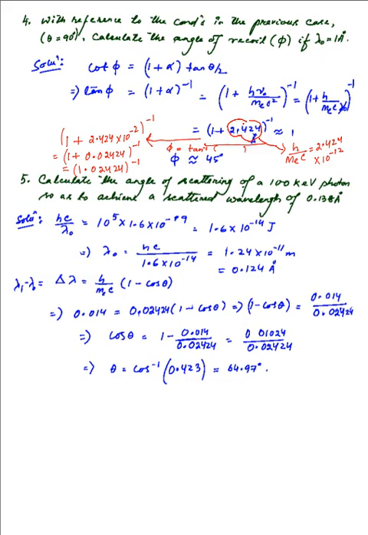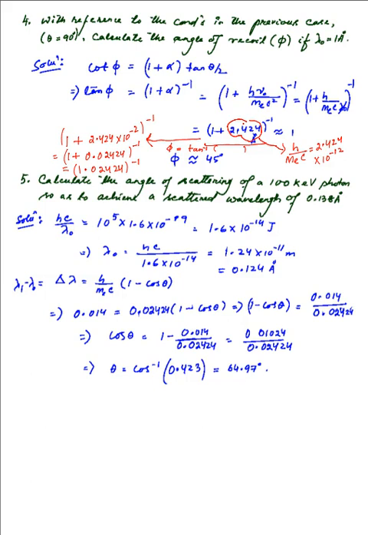So on the left hand side you have an angstrom unit, on the right hand side you have an angstrom unit. They cancel out, and 1 minus cosine theta is simply the ratio of both of those terms, and so we have cosine theta equal to that. The numbers are on your screen.